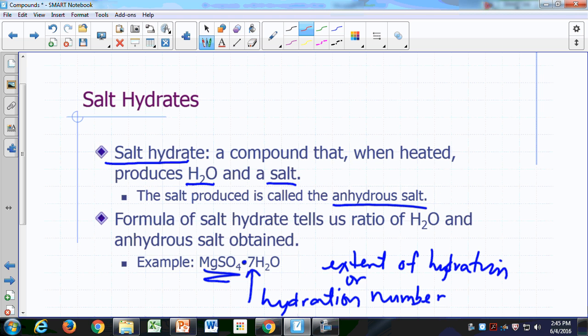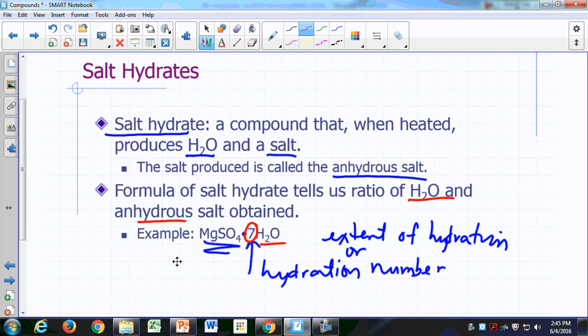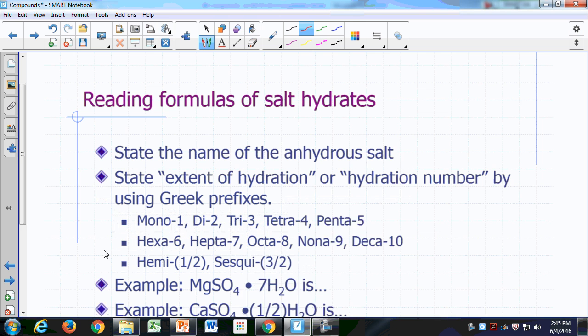And then you write H2O, which is the formula for water. That extent of hydration tells us the ratio of the number of water molecules you get to the number of formula units of anhydrous salt that you get if you were to separate the two. So let's look at an example here.